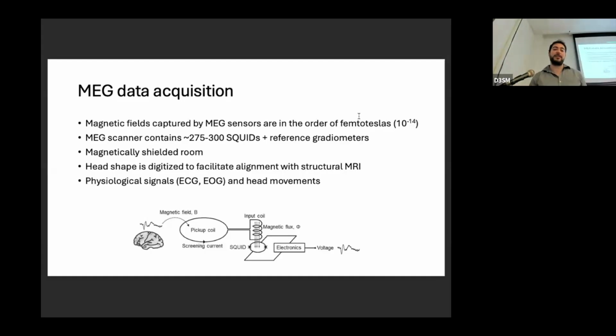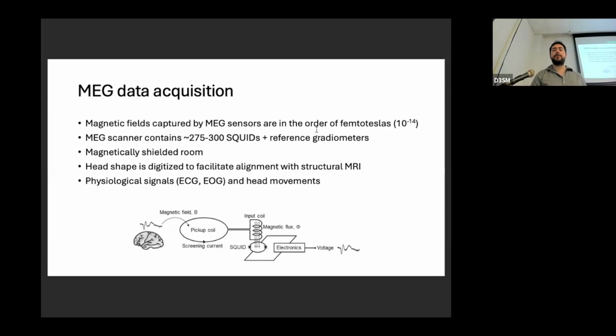So basically, we need special type of sensors that are called SQUIDs. These are the ones that are used more commonly with the available technology that we have today in most settings. And it's basically a series of sensors that are cooled down with helium to be at a superconductive temperature in order to be sensitive enough to measure these slight variations of magnetic fields.